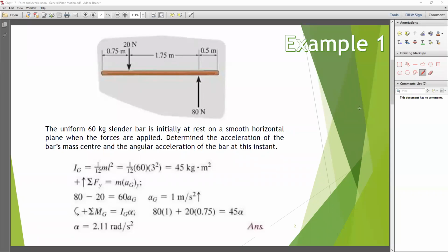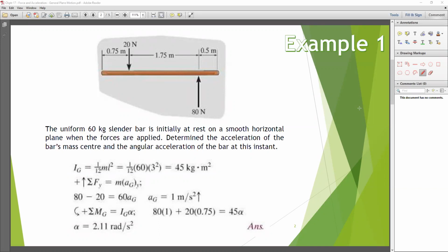Okay, here we have example number 1 for general plane motion, where we have a uniform 60 kg slender bar, which is initially at rest on a smooth horizontal plane, when the forces are applied.